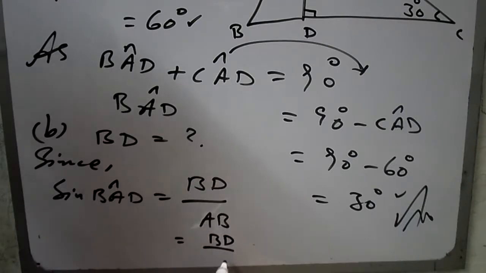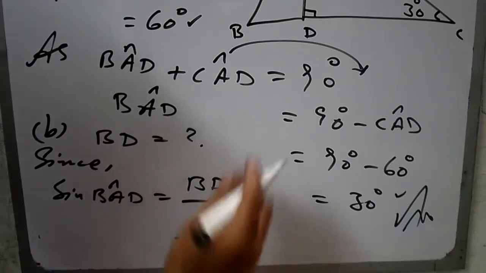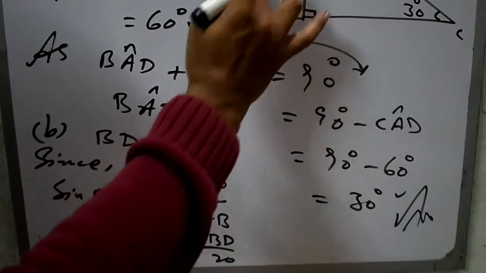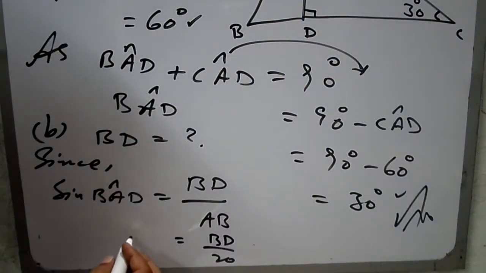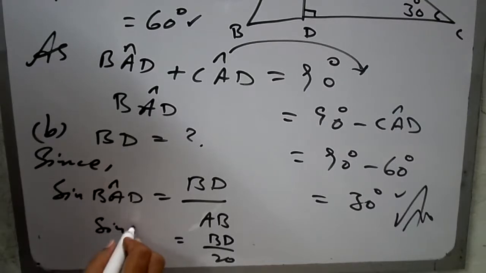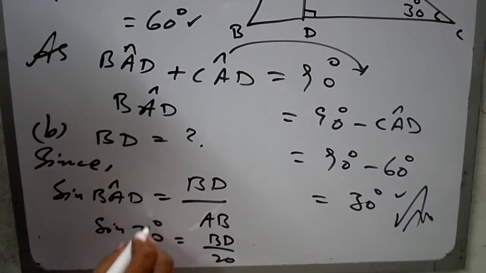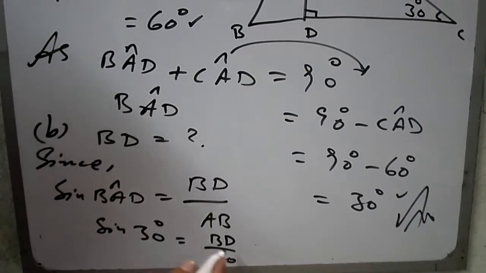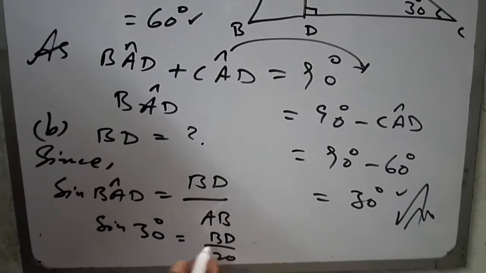The value of AB is 20 centimeter in the figure, and the angle BAD is 30 degree. So by simplification you will get the value of BD.